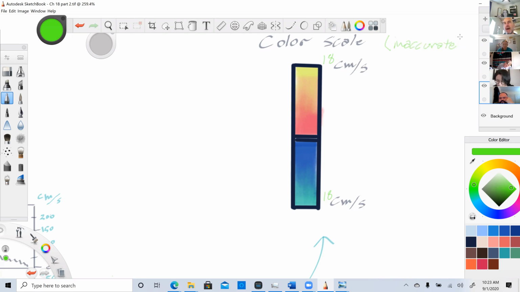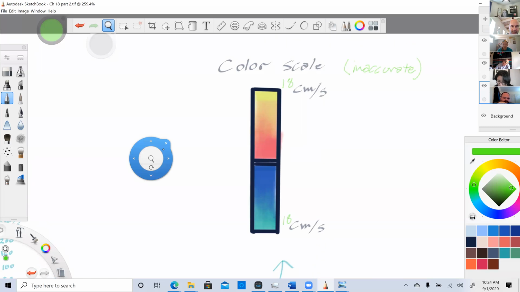We'll talk about why and everything, but it's actually kind of inaccurate. I don't know why it says 18, because quite frankly, your blood's traveling more like 80 to 100 centimeters per second. I've never understood the scale on color scale, and I've looked it up and never really gotten a good explanation.